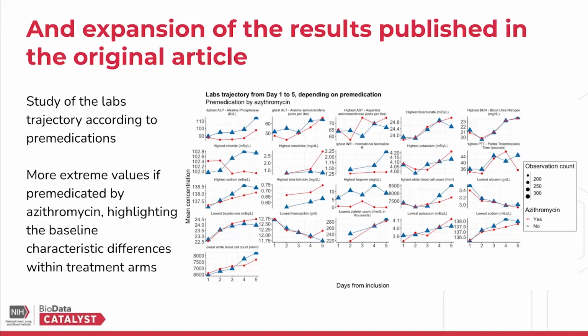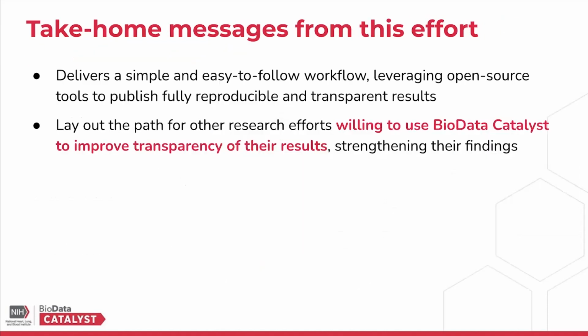One of the possible interpretations for this could be that patients with more severe conditions could be more likely to be given off-label drugs. So that was our main exploratory analysis. Next slide, please.